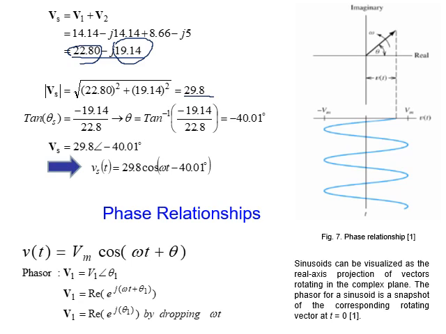Theta will be tan inverse of the imaginary part over the real part, don't forget minus, 19.14 over 22.8. We got the angle. Okay, now we can write the resultant voltage in phasor, in polar, to be 29.8 with angle minus 40.09. If we want to convert into time domain, then this is the maximum, and the angle represents the phase angle or phase shift.